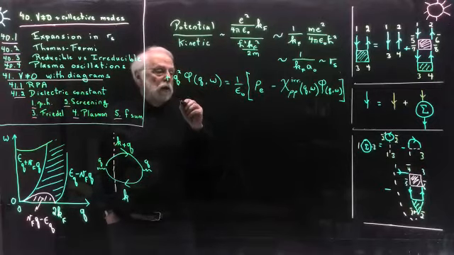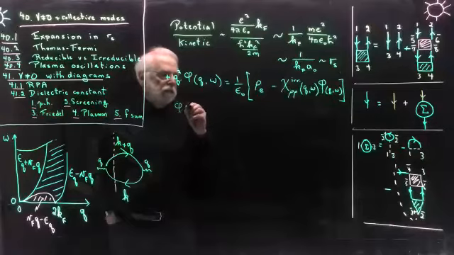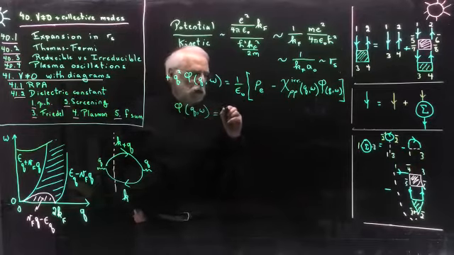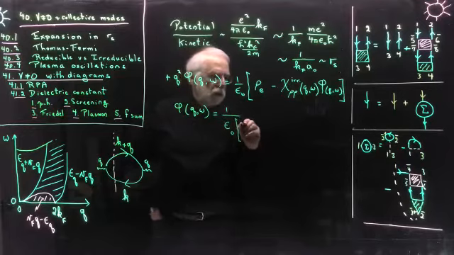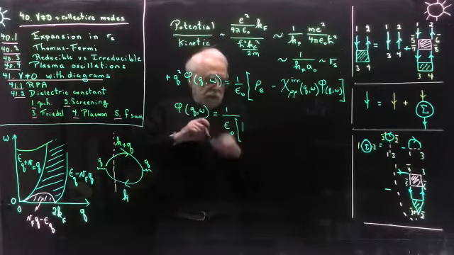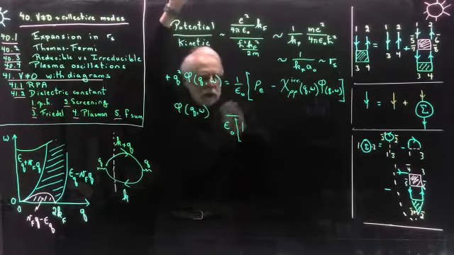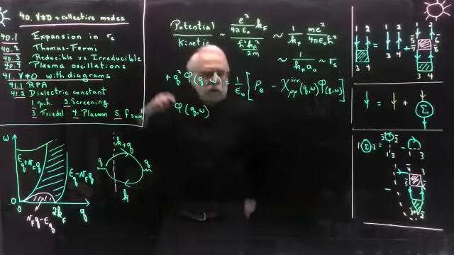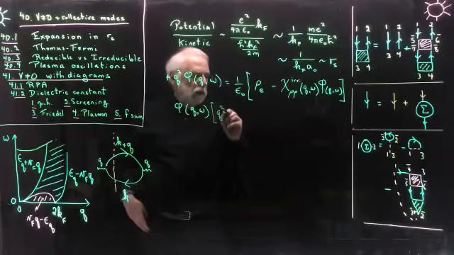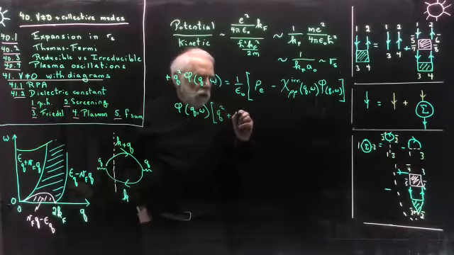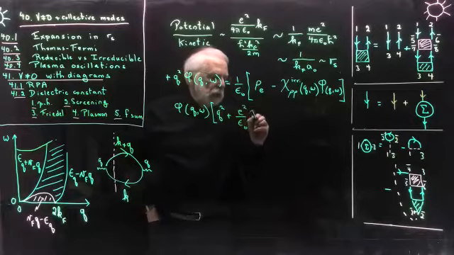So what I get is that phi of q and omega is equal to 1 over epsilon 0 times, let me do it more slowly, q squared plus 1 over epsilon 0 times the square of the charge times the density.